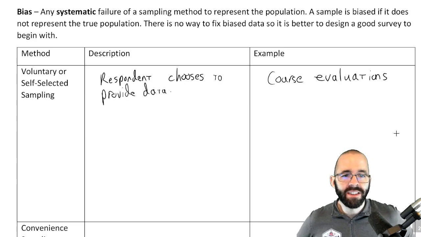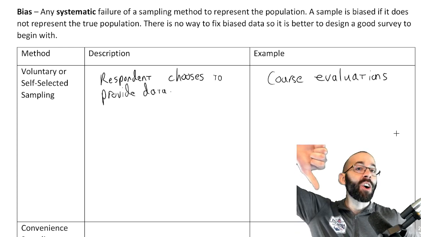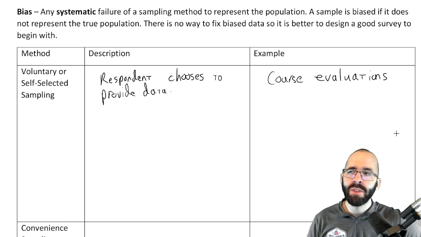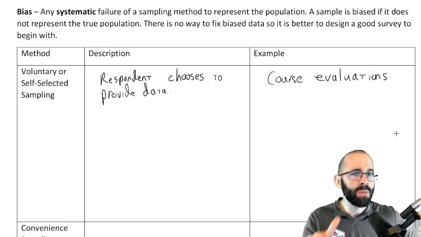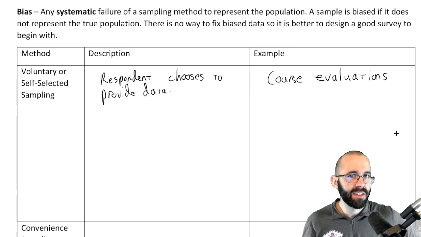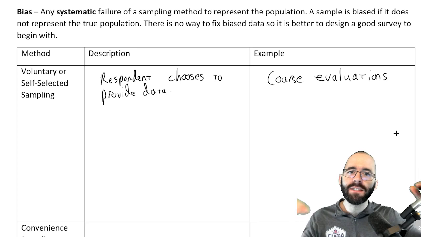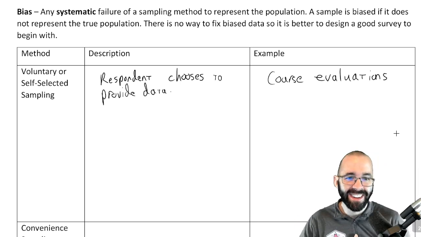Usually when you have voluntary sampling, you get the people who are really happy and the people who are really unhappy. But the people who are kind of in the middle, which by the way are the most important people for course evaluations, the people who say, yeah, there was some good and some bad. That's the most important opinion in my biased opinion.